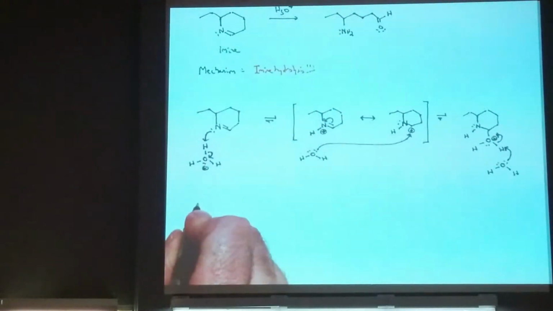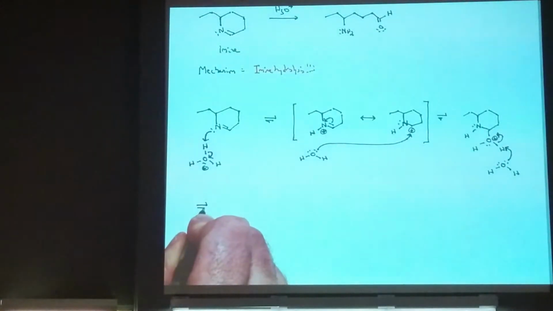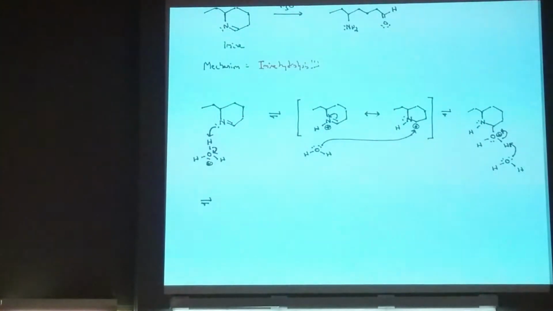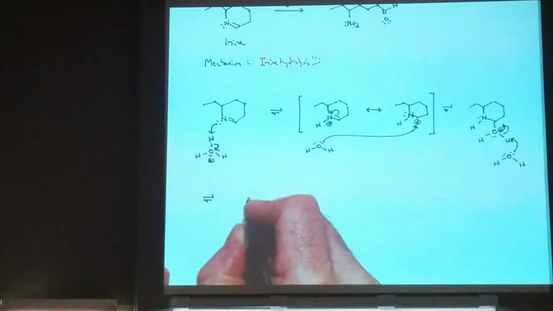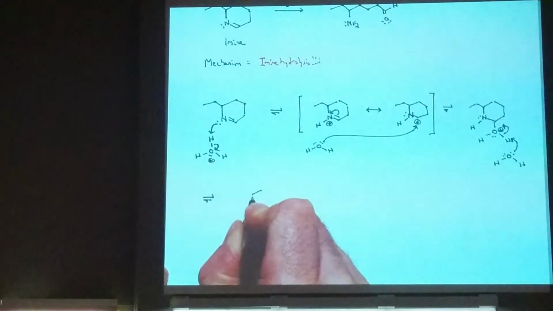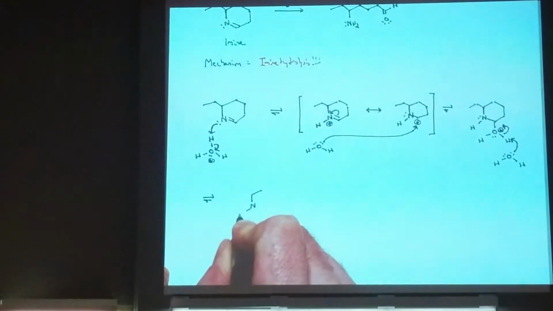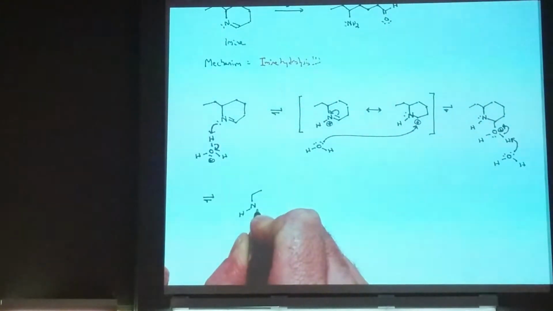There's something called the leveling effect that says the strongest acid that can exist in a solvent is the conjugate acid of the solvent itself. And in water, the strongest acid is going to be hydronium. Any stronger acid than hydronium reacts with water, makes hydronium. That's why we typically just use H3O+, at least I do, in these mechanisms when it's aqueous acid.